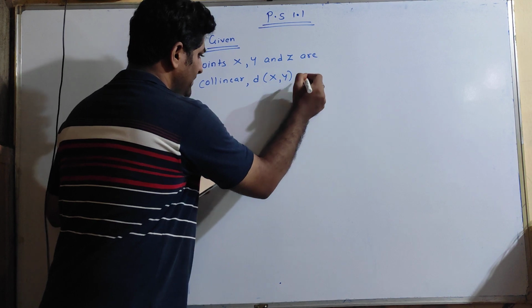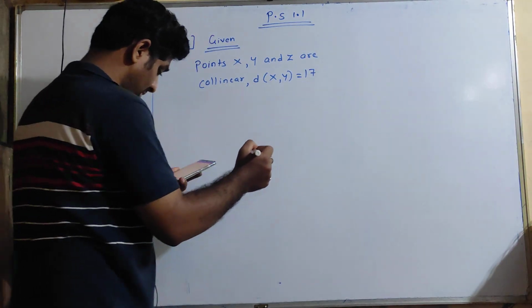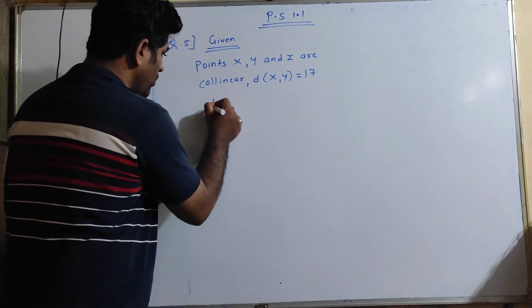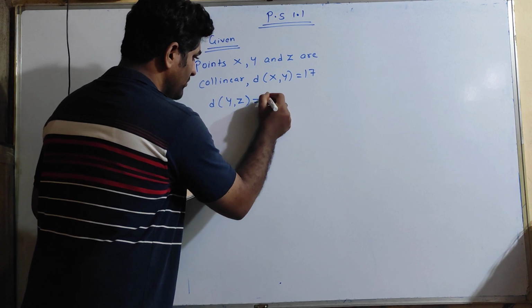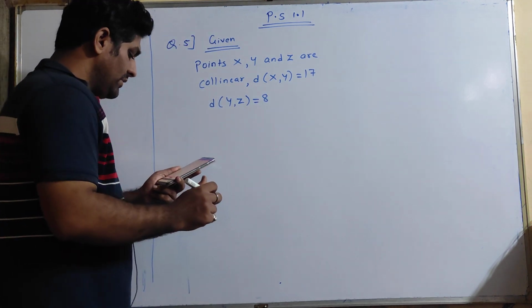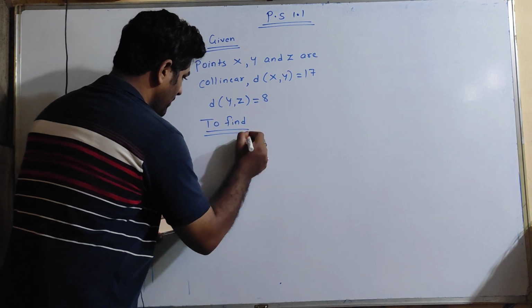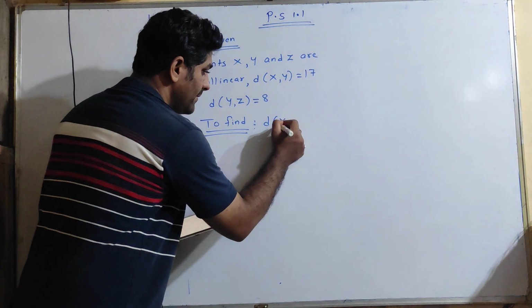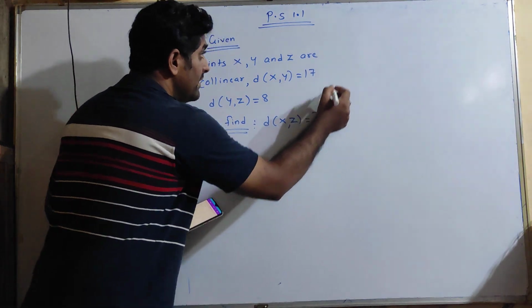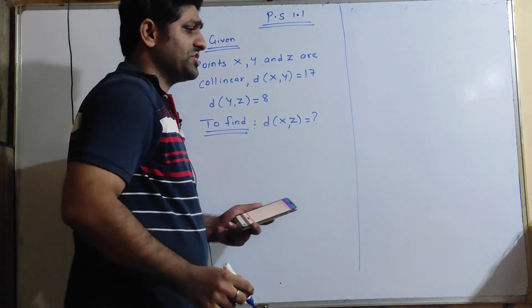Distance XY is 17. Distance YZ is 8. They have asked you to find distance XZ. This is what they have asked us to find in this question.